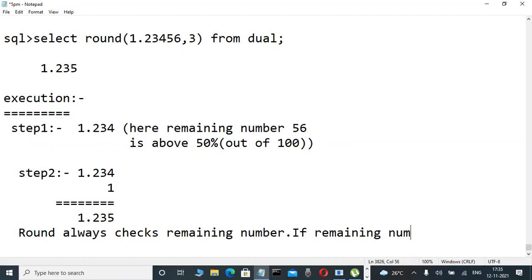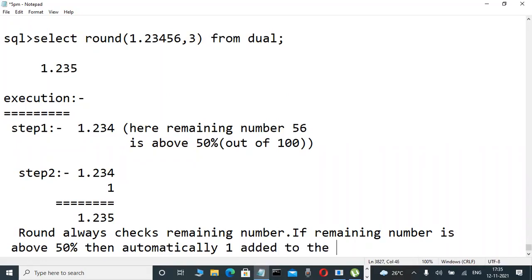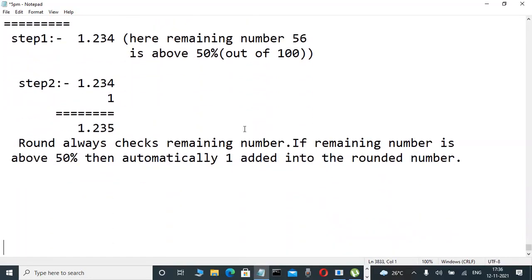If the remaining number is above 50%, then automatically 1 is added into the rounded number.